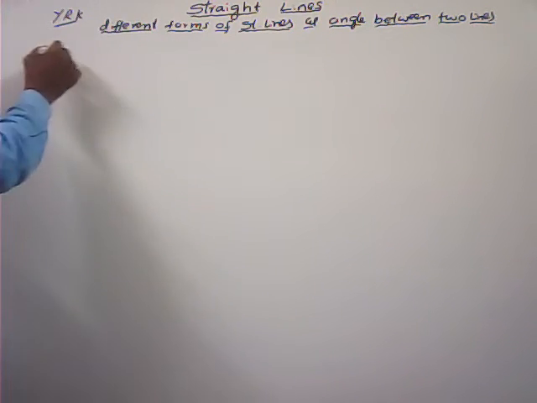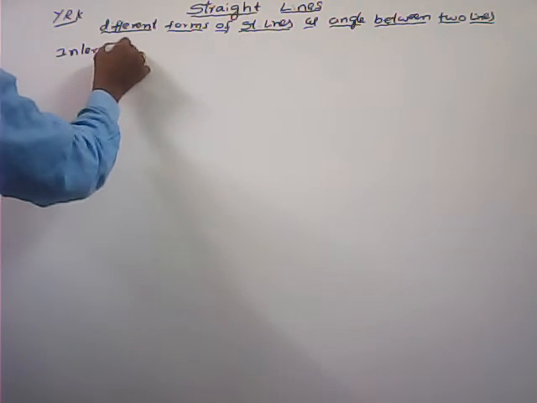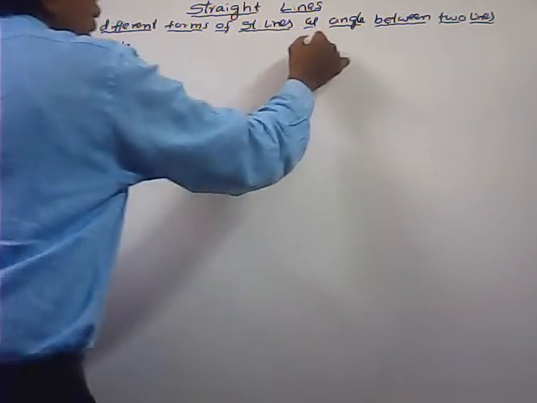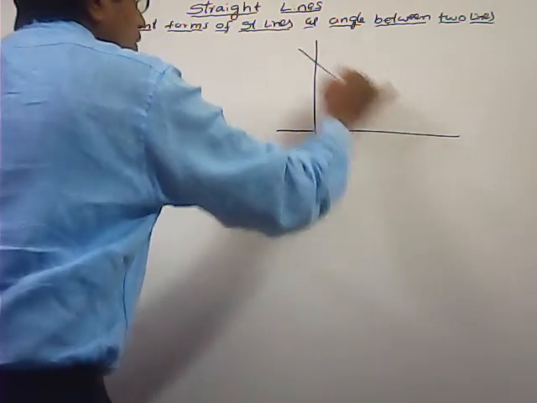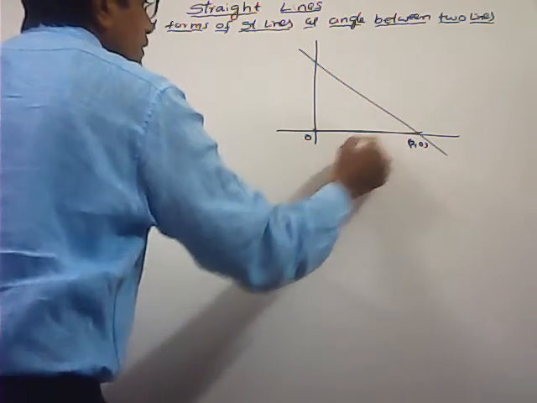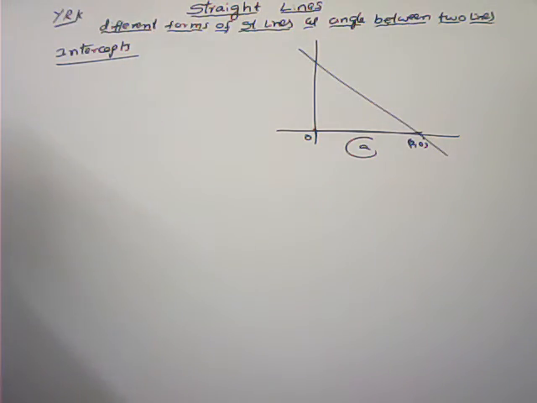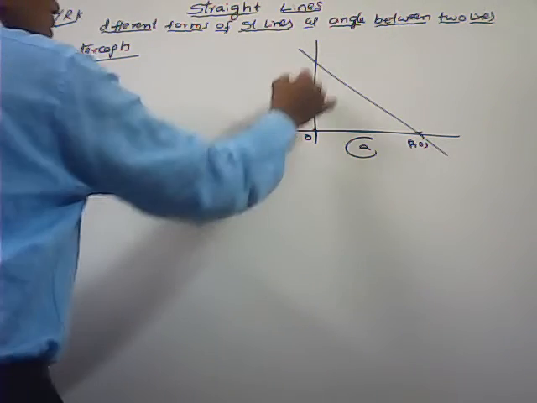Next, what about the intercepts? This is very, very important. Intercepts. If a line cuts the x-axis at (a, 0), here a we say is the x-intercept, the intercept made by the line on the x-axis.